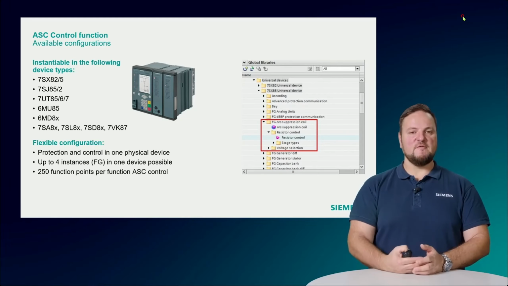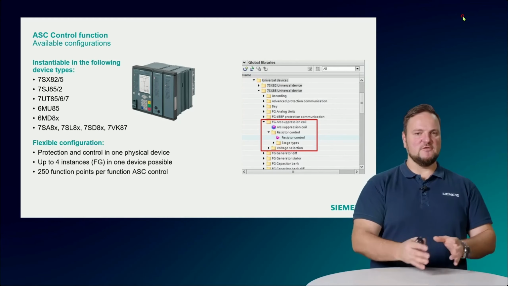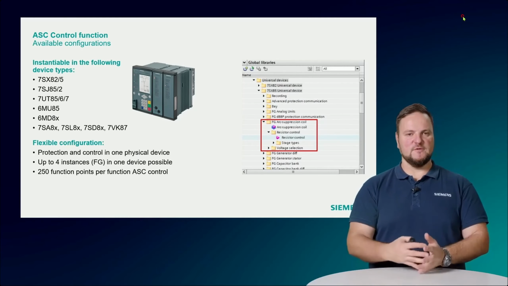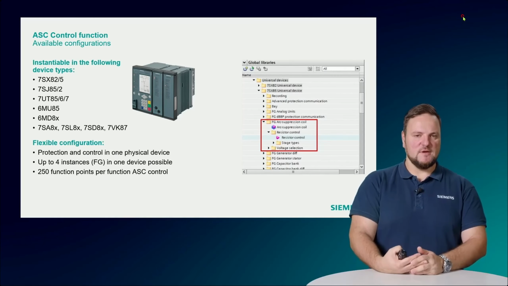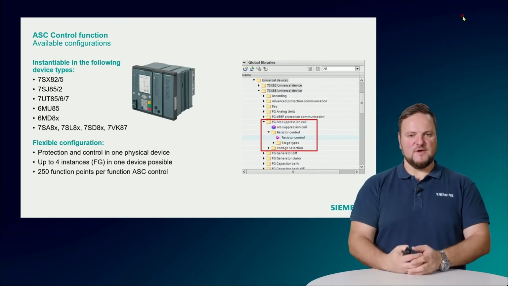We have a very flexible configuration, so that means you can combine protection and control functions in one device. For example, you have an overcurrent device and you want to add this function additionally as a control function, so that means all functions in one box.